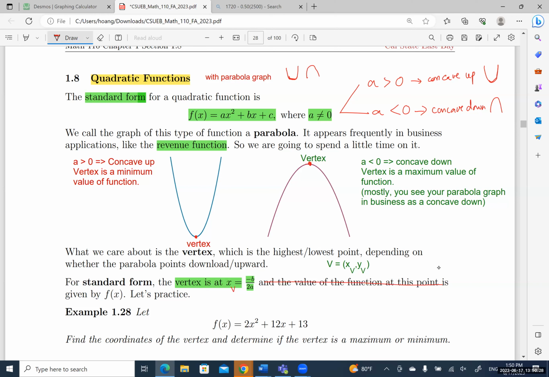And I say yv will be equal to f of xv, which is f of negative b over 2a. Let me write it like that. Better. I need to fix this next time.